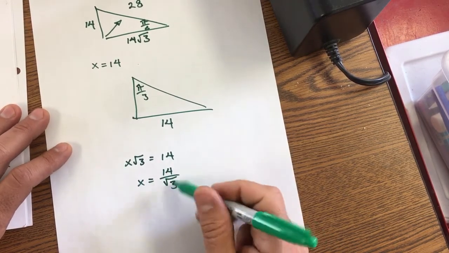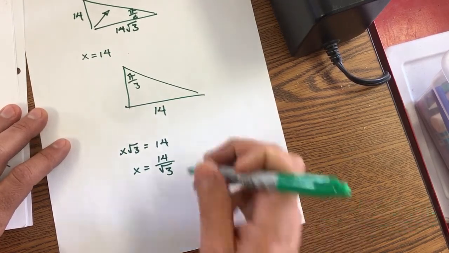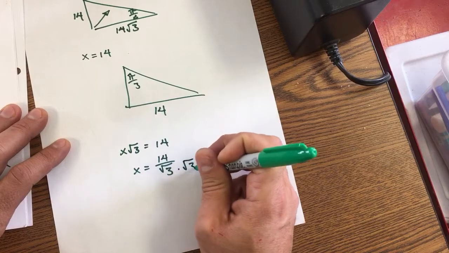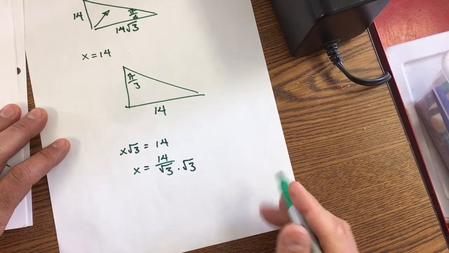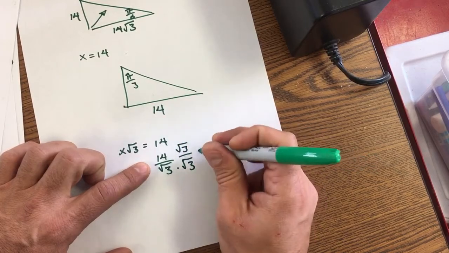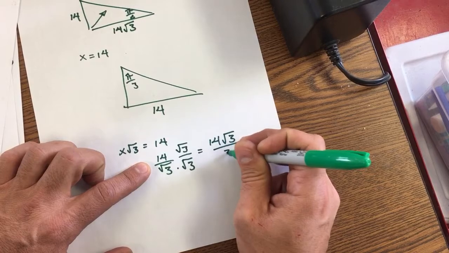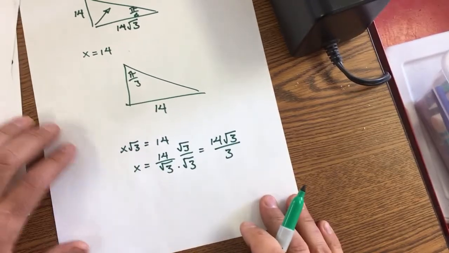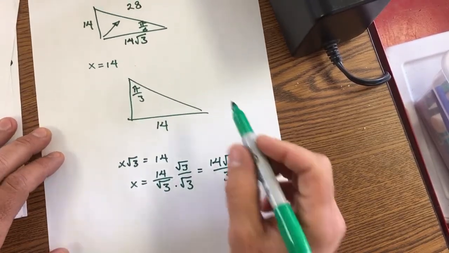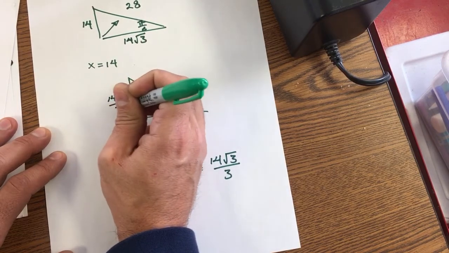But I'm not supposed to have a radical in the denominator of a fraction, so I have to rationalize it. The way I rationalize it is by multiplying by the square root of 3. And since this is an expression, I can only multiply by a variation of 1, so I have to do the same thing to the top and the bottom. So I get 14 square roots of 3 over 3. So that's my x value. So this side over here is 14 square roots of 3 over 3.